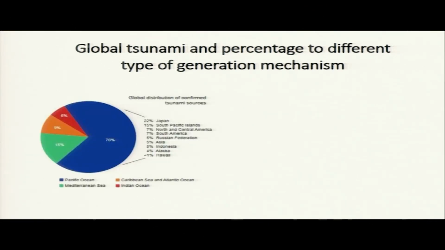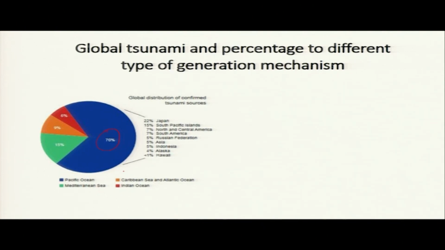In this diagram you can see the distribution of tsunamis around the world. The areas experiencing more tsunamis are shown here. You can see that 70% is held by the Pacific Ocean.